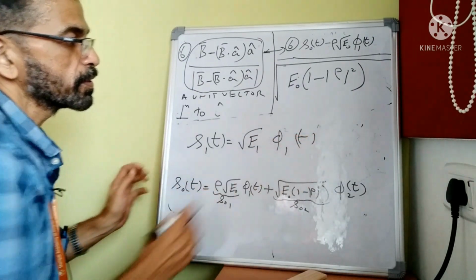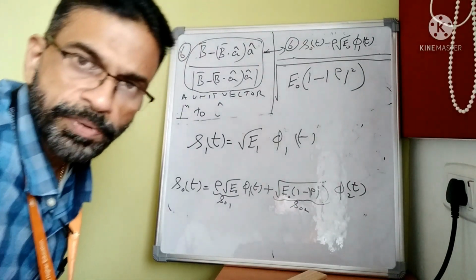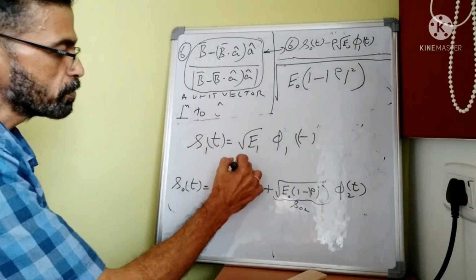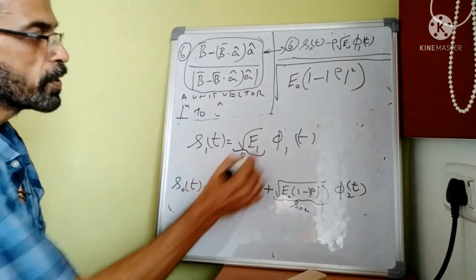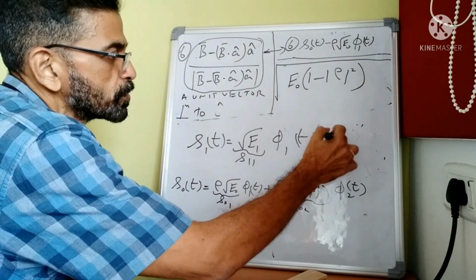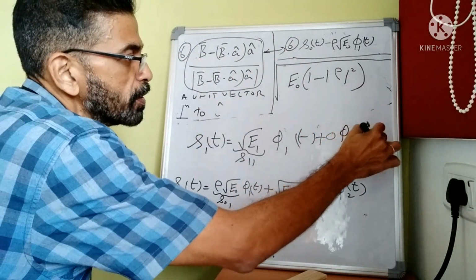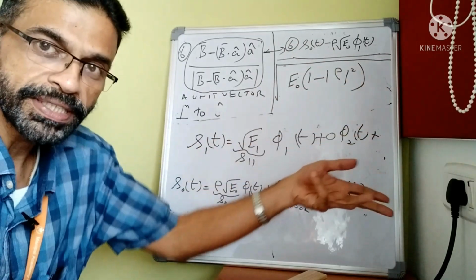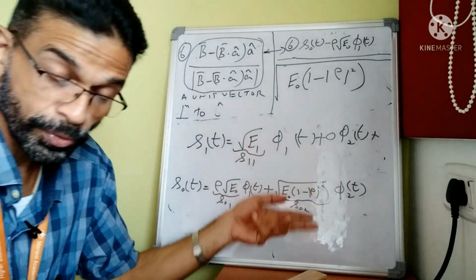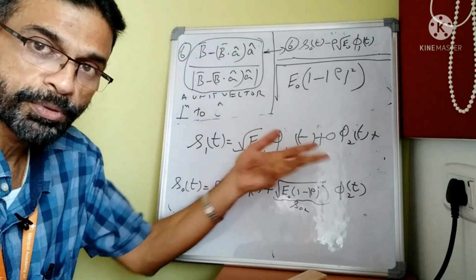So there it goes. We have our series representation now. s1(t) is root E1 phi 1(t), which is s11, plus, if you want it to be complete, 0 into phi 2(t) plus 0 into phi 3(t). We don't have to bother what phi 3(t) is. Phi 3(t) will be orthogonal to phi 1(t) as well as phi 2(t), and of unit energy.